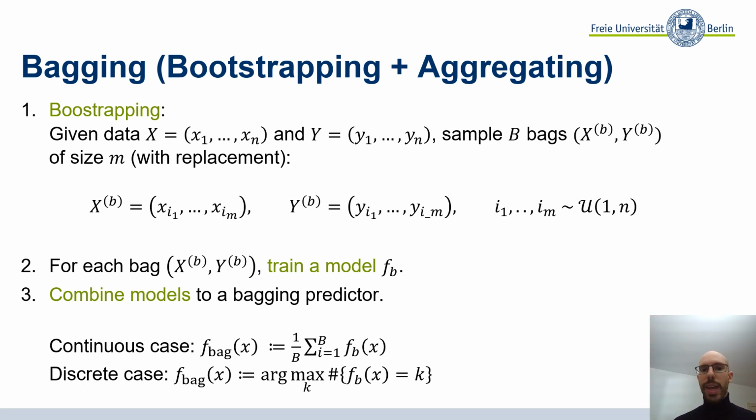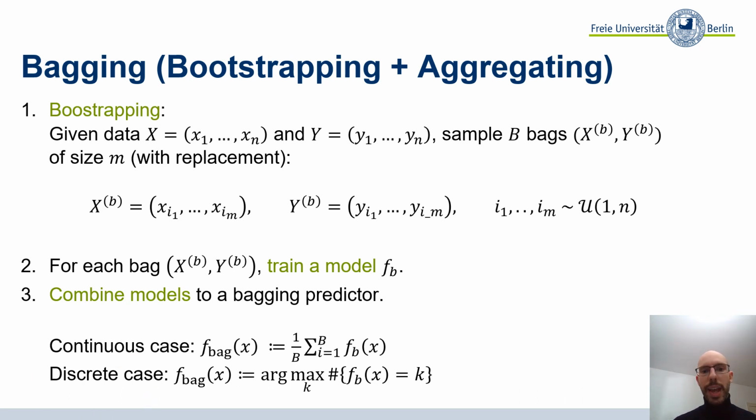Now moving on to the aggregating part, we want to combine those models fb that we have trained into a single predictor. How do we do that? For the continuous case, we just compute the mean over all predictors. So given a data point x, we compute the output for all our bootstrap models, and then we just compute the mean over those outputs.